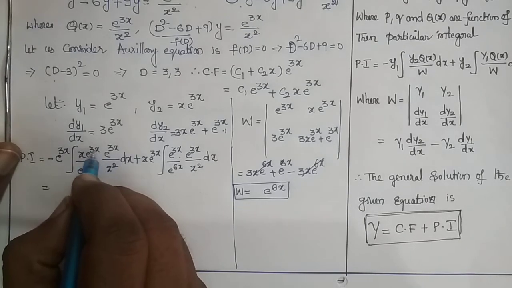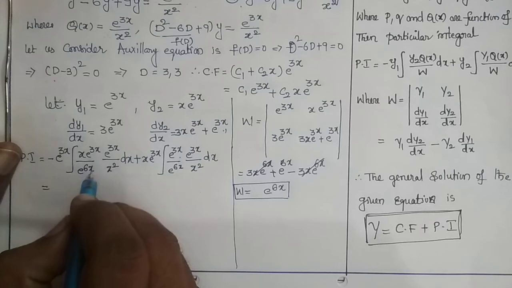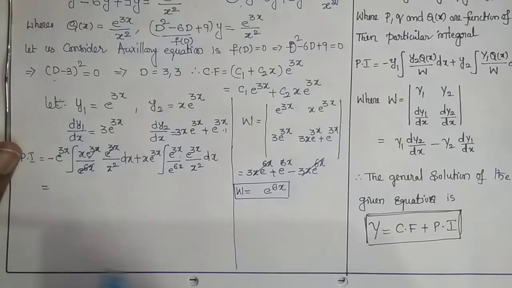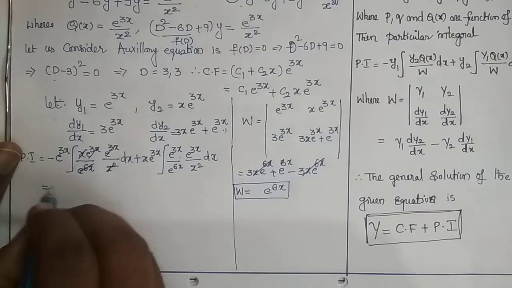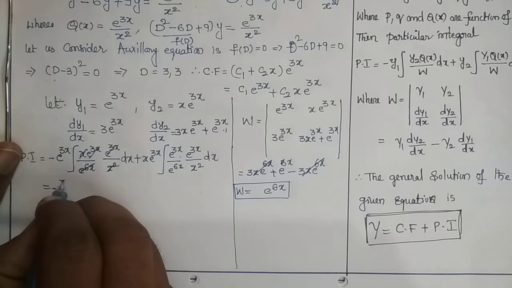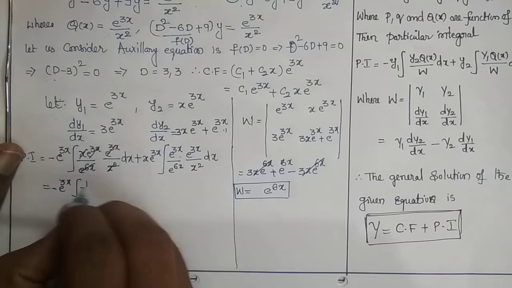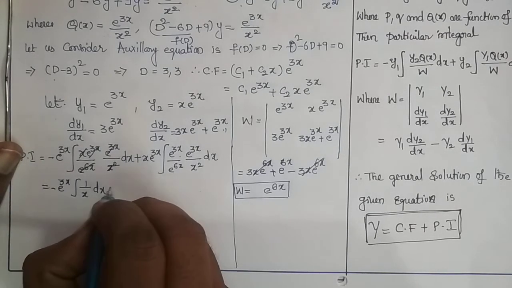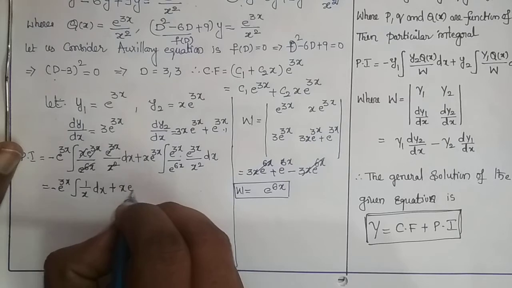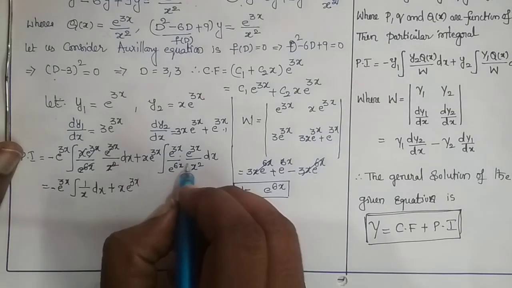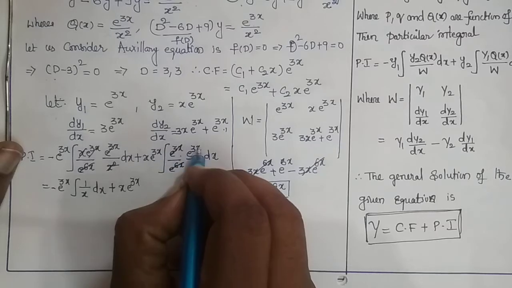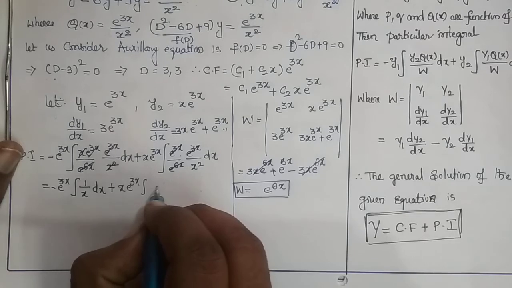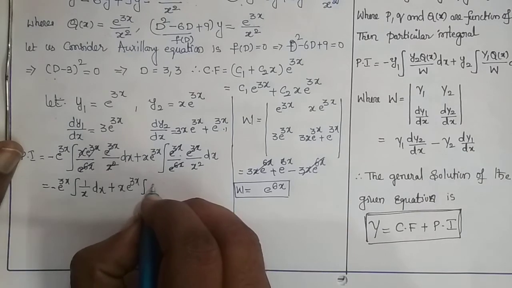Then e power 6x and e power 6x are both cancelled. In the first integral, e power 3x into e power 3x is e power 6x, which cancels with the denominator, and x cancels once, leaving minus e power 3x into the integral of 1 by x dx, plus x into e power 3x as it is. In the second, e power 3x into e power 3x cancels with e power 6x, leaving 1 by x square.